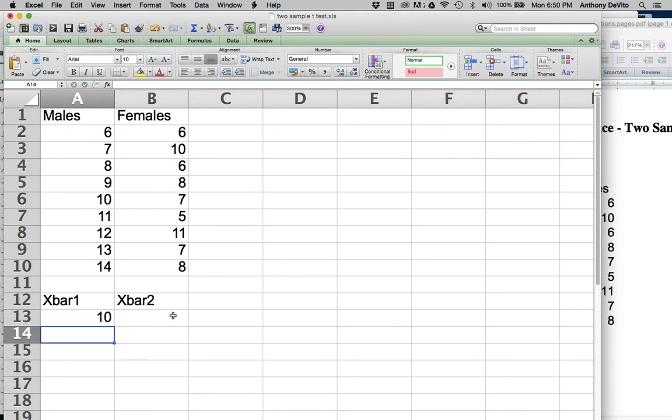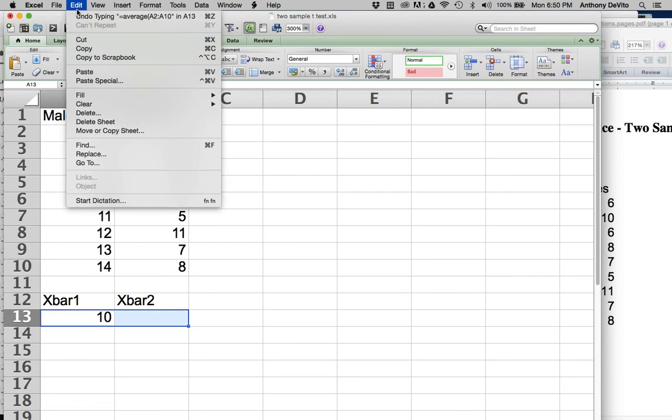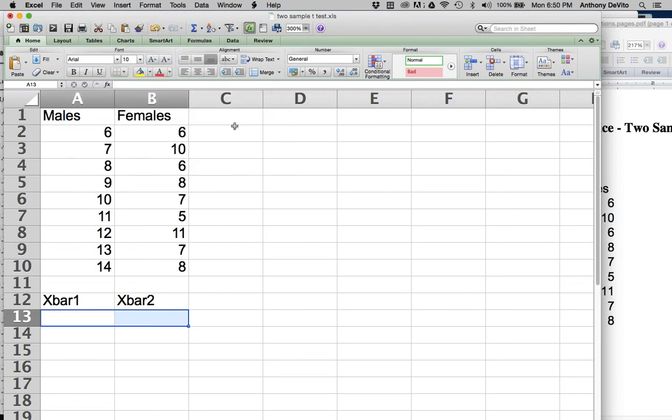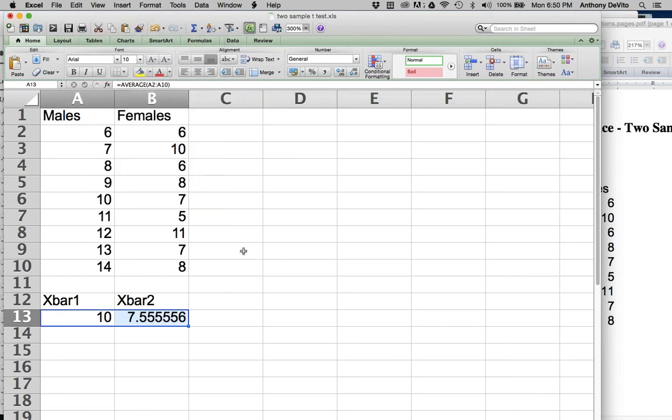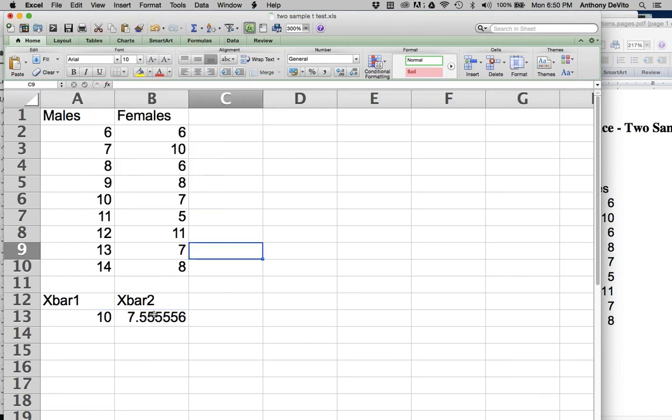So the mean of this group, males, is 10, and I'll just copy this over. Fill right. Oops, I went the wrong direction. And this is 7.5. That's the difference in the means of these two samples.